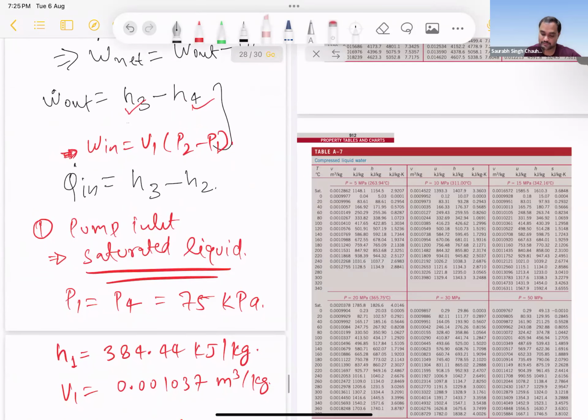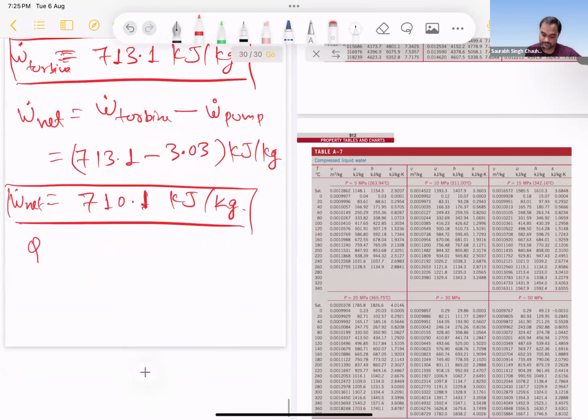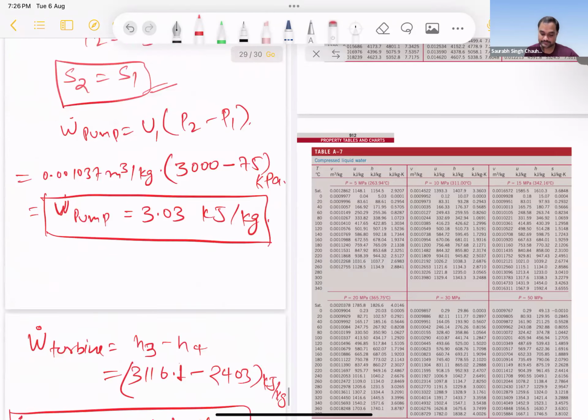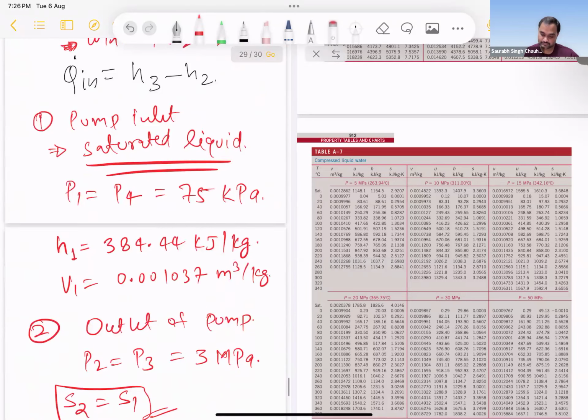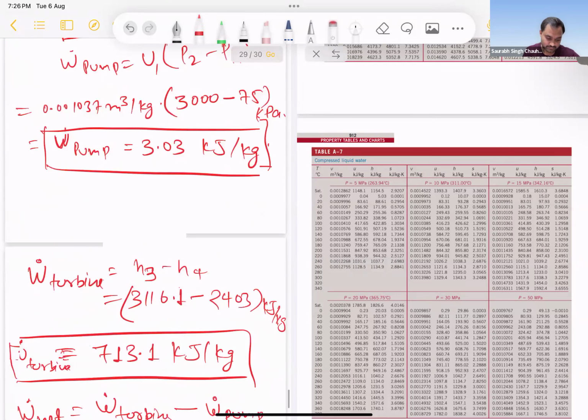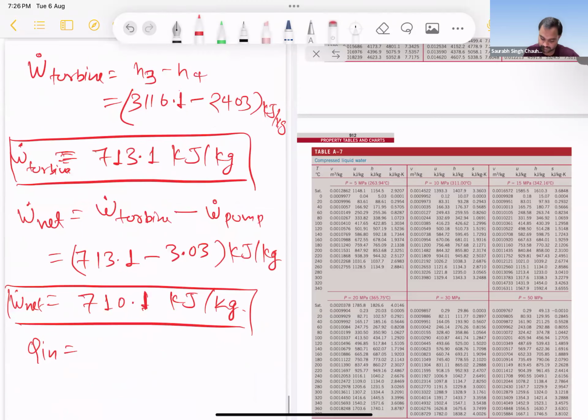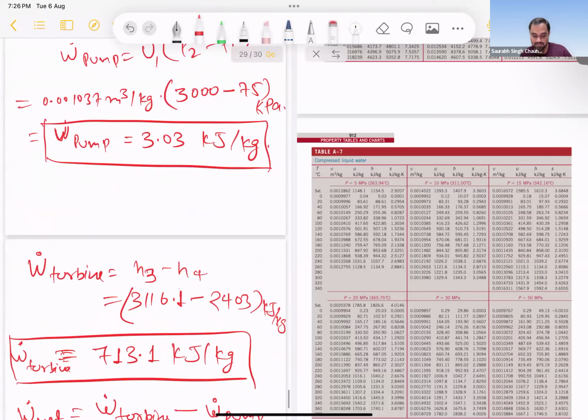And heat input Qin. This is what? H3 minus H2. H3, do we have H3?